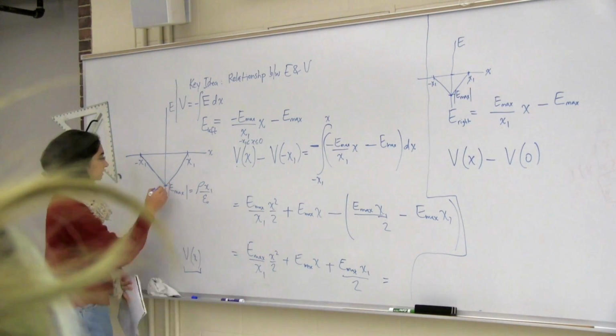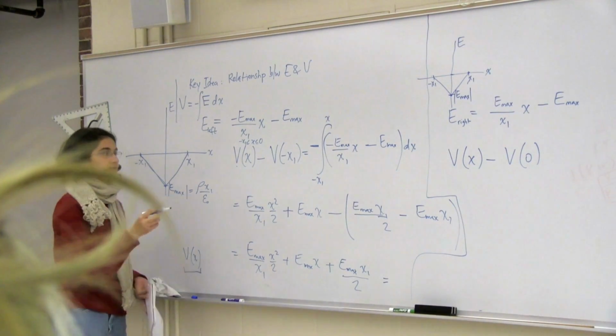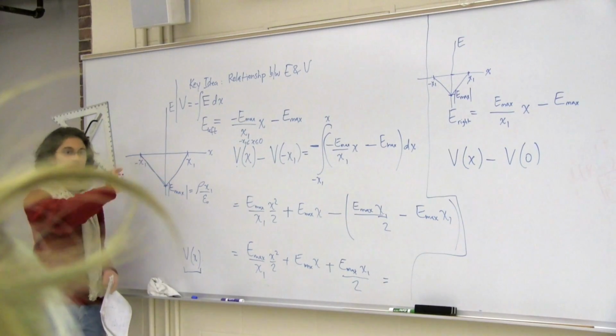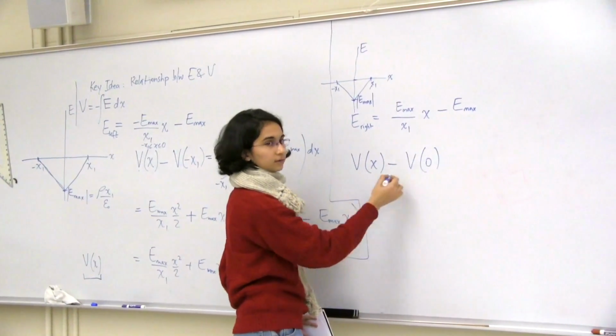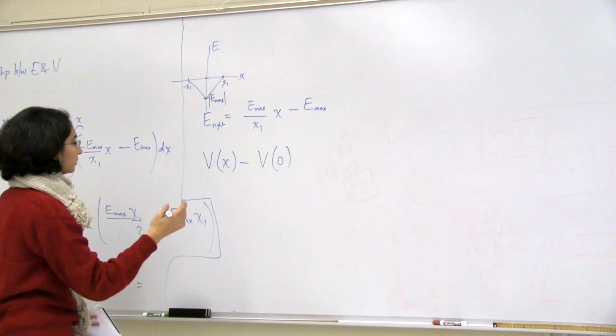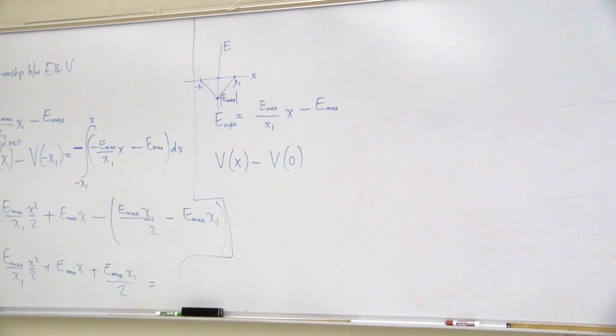Yeah, but then your initial point changes. Your initial point is V at 0 and not at negative x1. Okay. So this is what integrating that part gives us. Over here it was easy because my V at negative x1 was just 0.